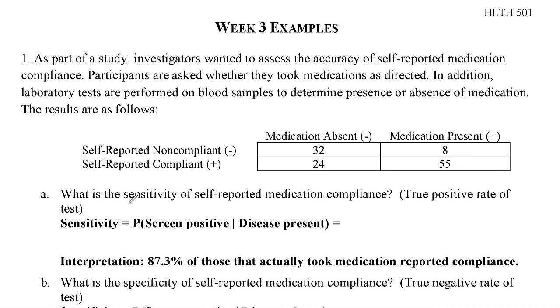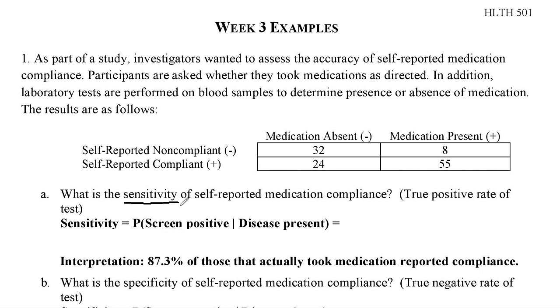They're asking here, what's the sensitivity of self-reported medication compliance? Sensitivity in relation to a disease test is the probability that the person is going to screen positive given that the disease is actually present. For the disease to be present, that's saying the medication is present.